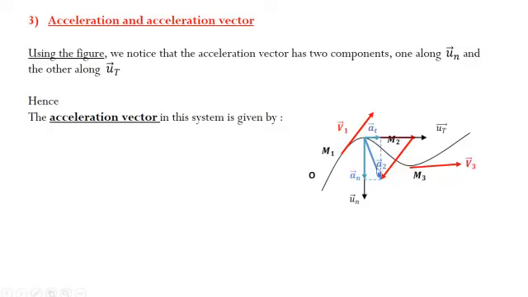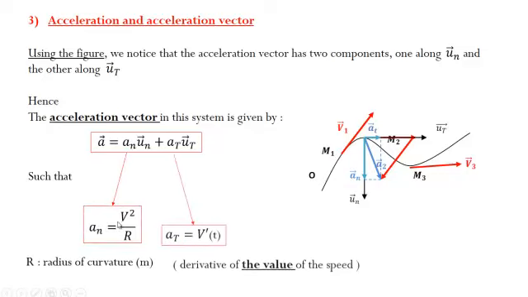Now if we notice here, the a2 vector is not only along at, and it is not only along an either, it's oblique. Oblique means it has two components, at and an. So how do we write the acceleration vector? It's written as a vector equal to an, the component along un, plus at, the component of a along ut, such that an and at are two rules to study.